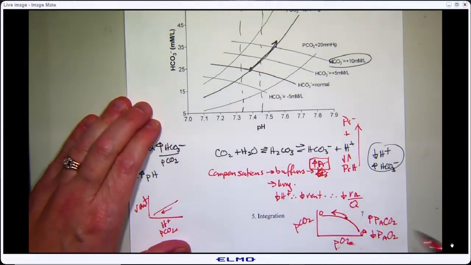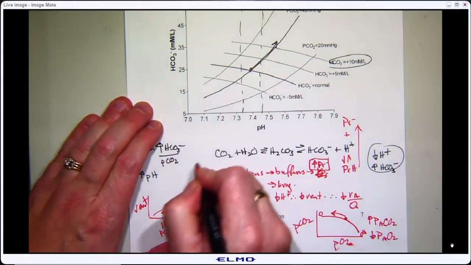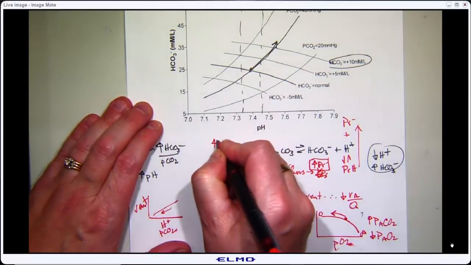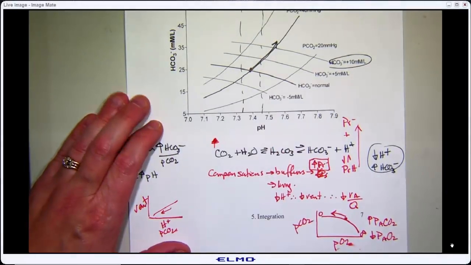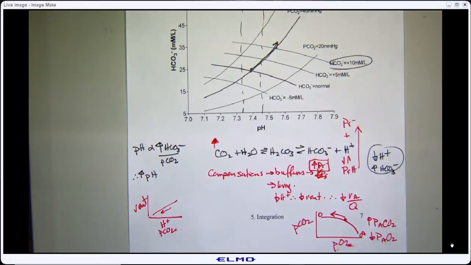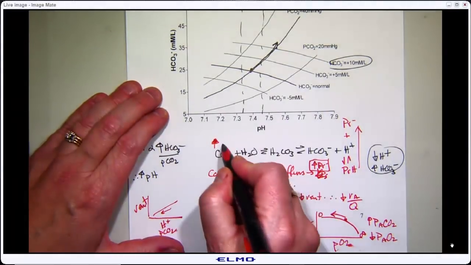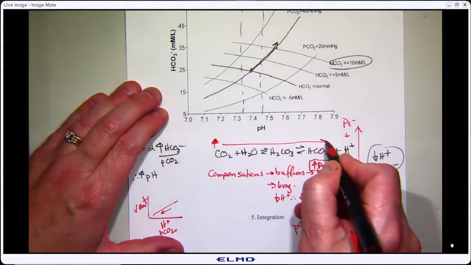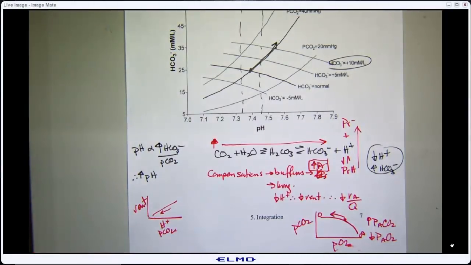So an increase in CO2, increase in blood CO2, so that's going to be here, right? So how does that help us? That now helps us push the equation in this direction, right?